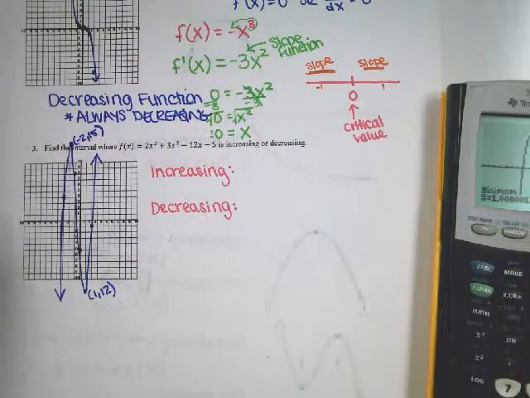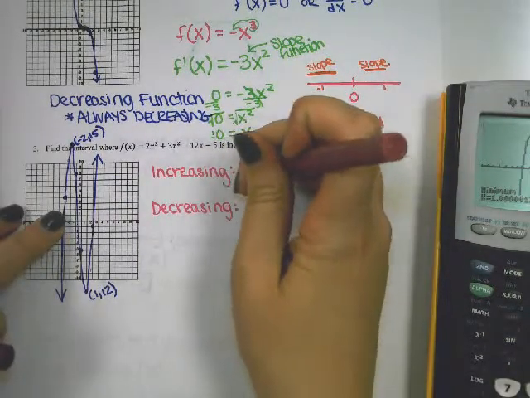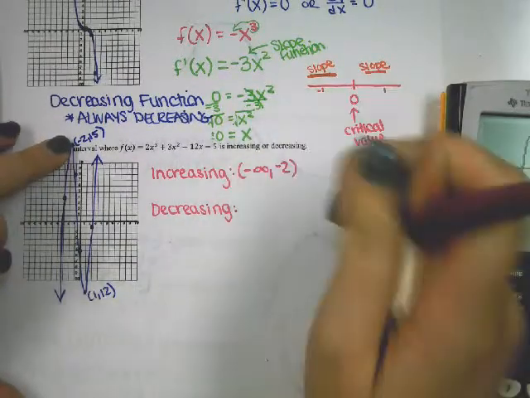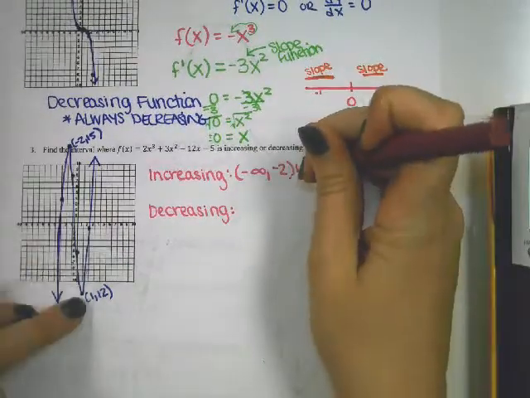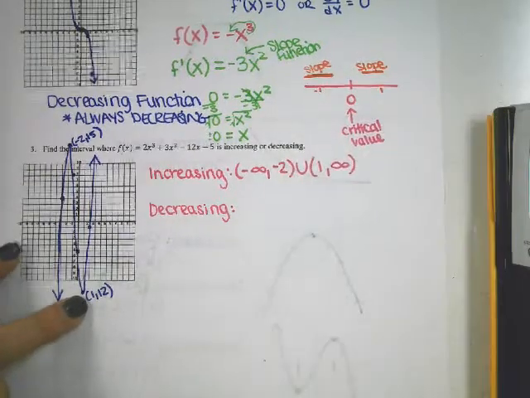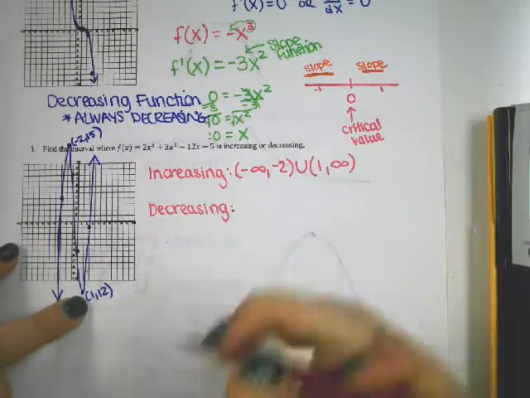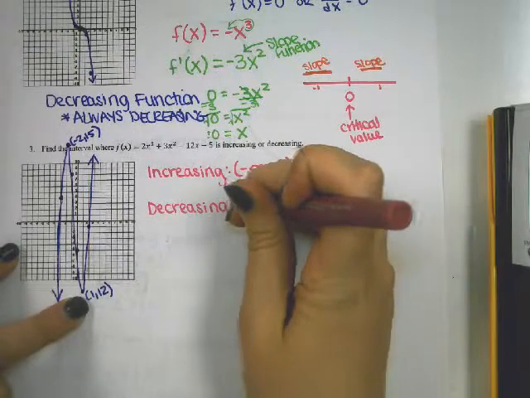So my function is increasing from negative infinity to negative 2, and from 1 to infinity. Notice I always use my x values for this. It's decreasing in between, so from negative 2 to 1.